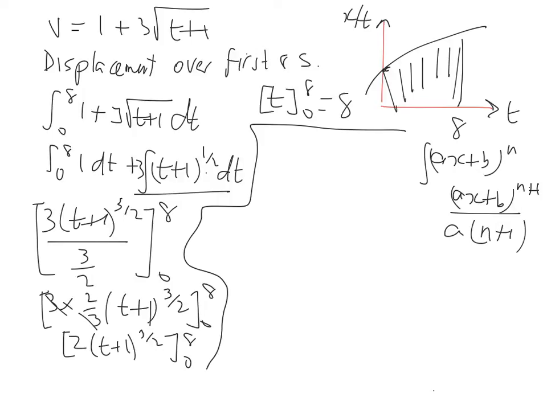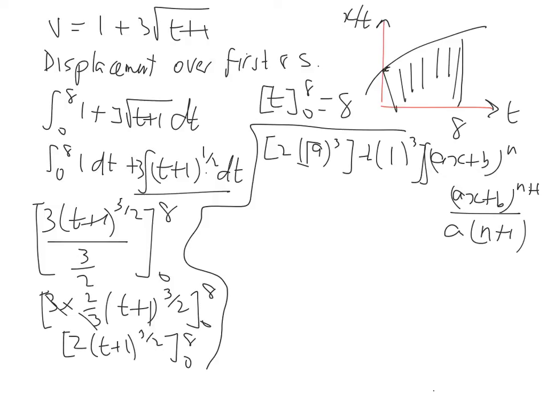So we'll have 2 times the square root of 9, because t plus 1 is 8 plus 1, which we're cubing, minus 2 times the square root of 1, cubed.